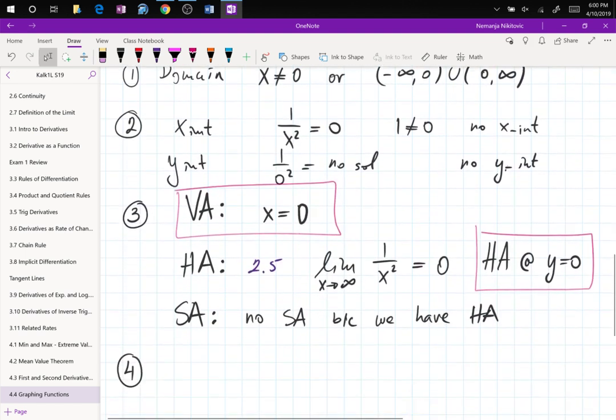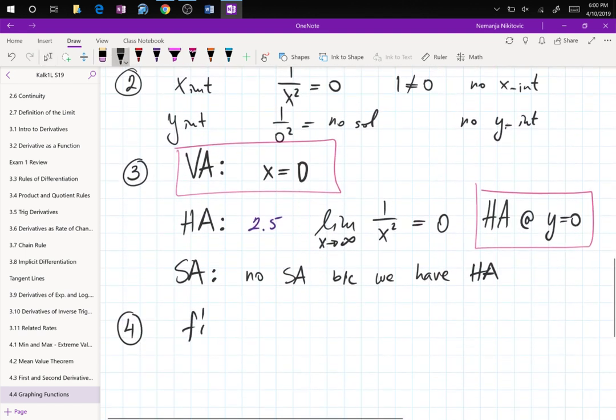And we now need f prime of x, which would be the derivative of 1 over x squared, which you can write as x to the negative 2. So this is negative 2x to the negative 3, which is negative 2 over x cubed.